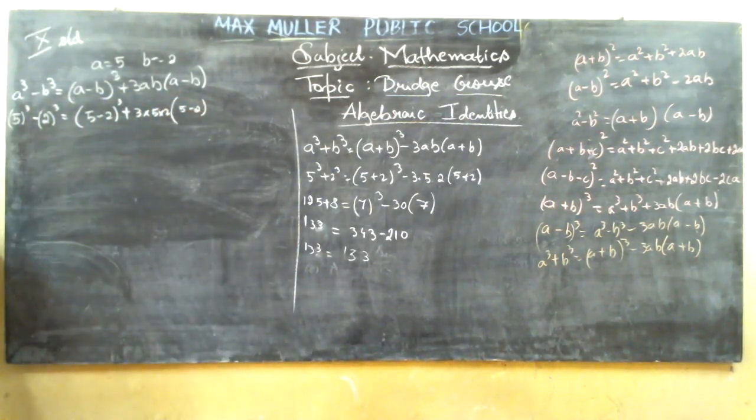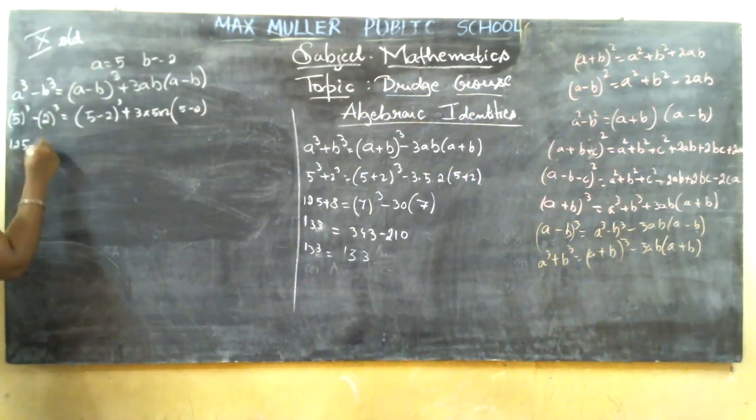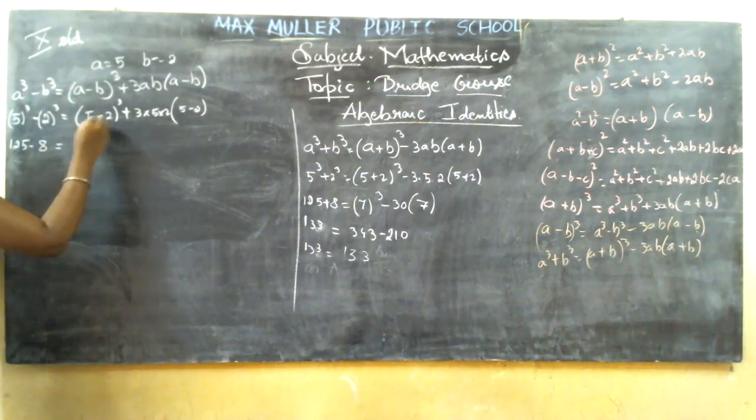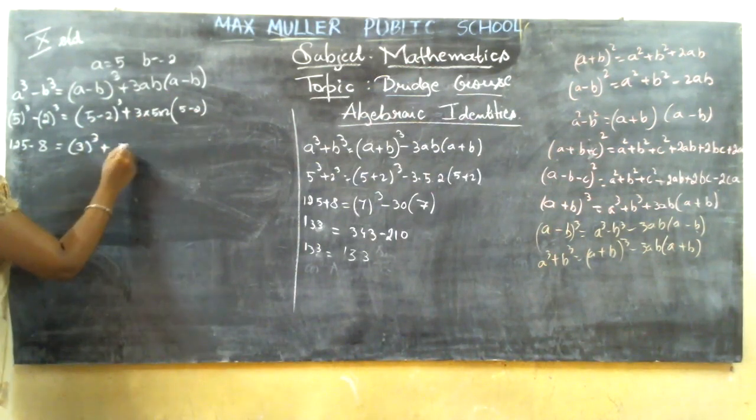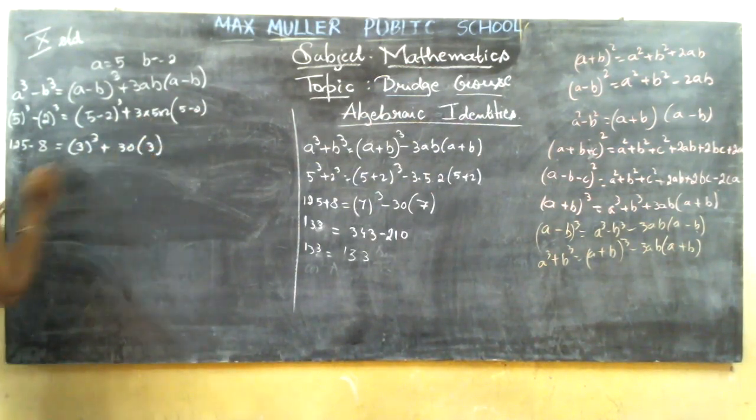Now 5 5s are 25, 25 5s are 125, minus 2 2s are 4, 4 2s are 8, which is equal to 3 cube plus 30 into 3.